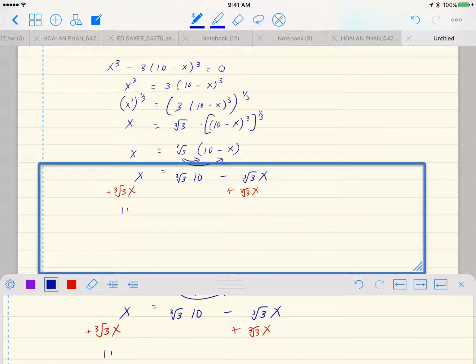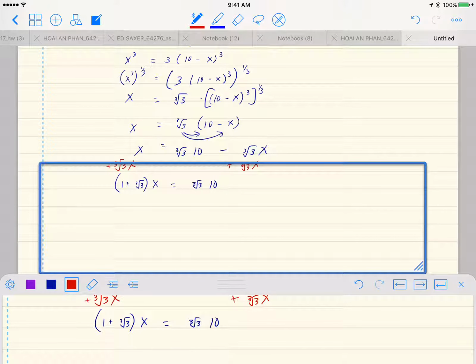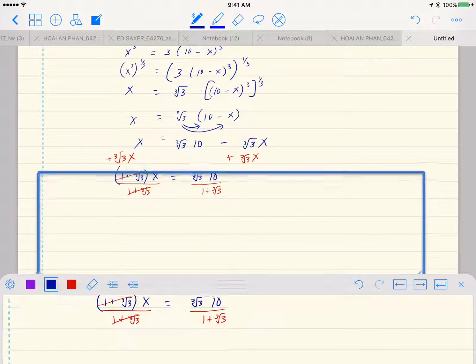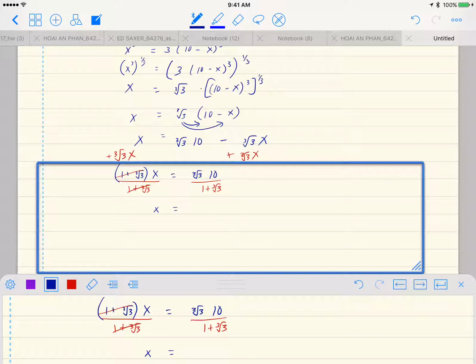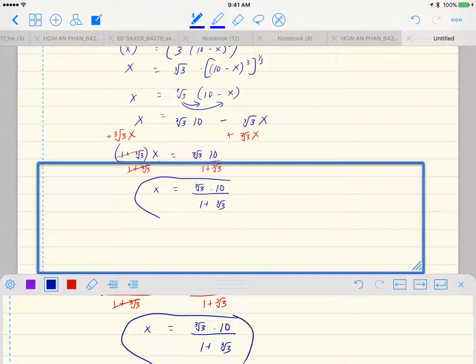And we'll have 1 plus the cube root of 3 times x is equal to the cube root of 3 times 10. And now we'll divide both sides by that coefficient, and we'll get our answer for x. So x is equal to the cube root of 3 times 10 divided by 1 plus the cube root of 3. So this is our critical value.